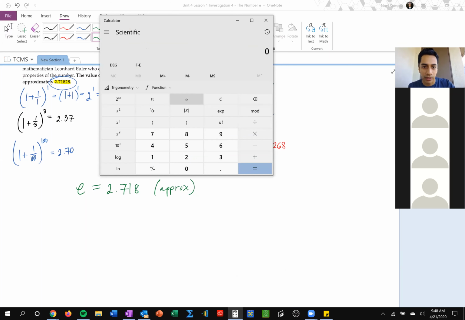If I just hit E, it already has that number generated for me, 2.71828, and that's typically good enough. The same way that if I hit pi, I get 3.14159 and so on. Your calculator or any calculator, including Desmos, already has that built in, so sometimes you won't even need to type it in manually. You can just hit E.